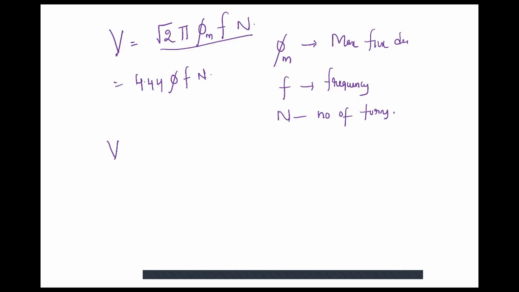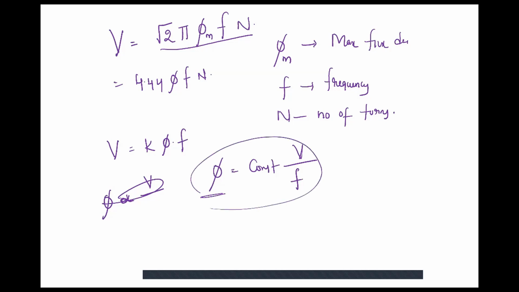It is equal to some constant into peak flux density, into frequency, into number of turns. Number of turns is however constant. Now the flux inside the core is directly proportional to, or you can directly write, the flux is equal to some constant into V divided by F. V divided by F. Understand?